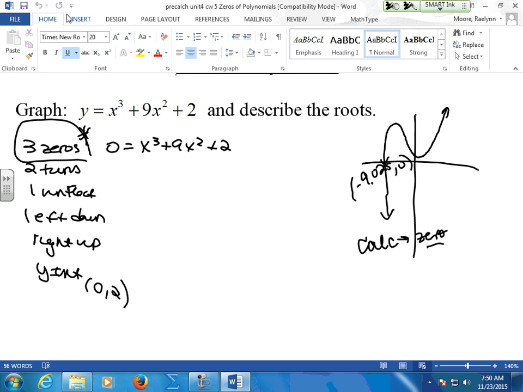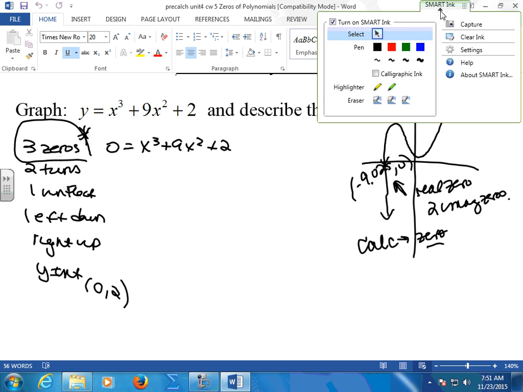You can do a max and a min, and you can do your inflection point because everything is off your calculator. But your zeros, you can only get to here and say this is your real zero. And I have 2 imaginary zeros. And then you can go on and do your max and min. So something like this, we just probably would work through and just describe it. Okay? That was a little bit confusing, but we're not going to do much with that.